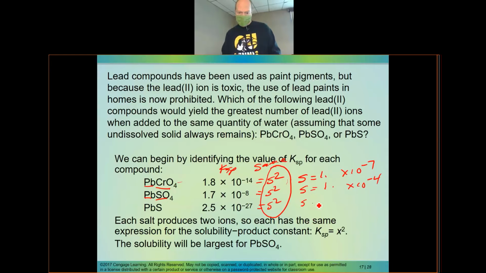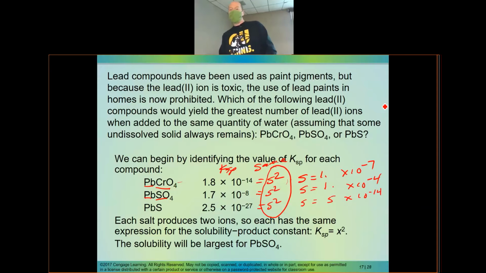And this one is 2.5 times 10 to the negative 27. The square root of that is 5 times 10 to the minus 14. Yes, that's exactly it. I don't know what the square root of 1.8 is, but it's 1 point something.